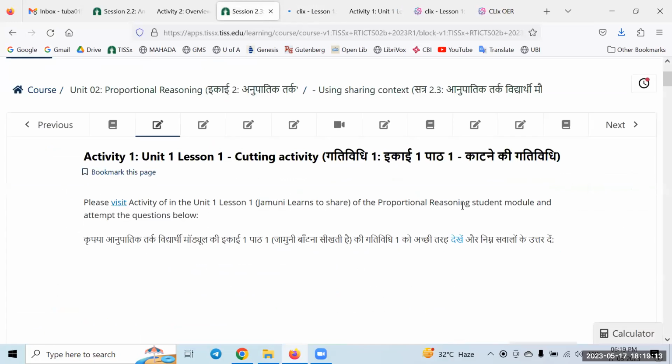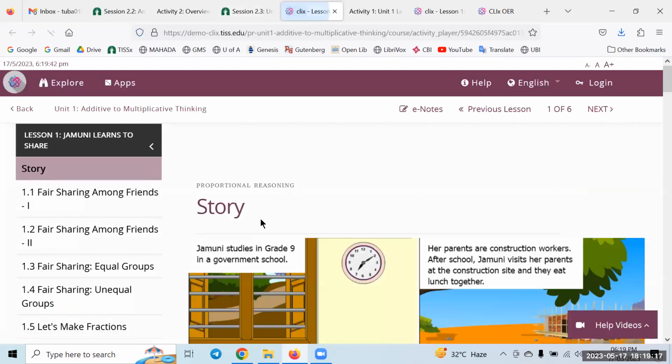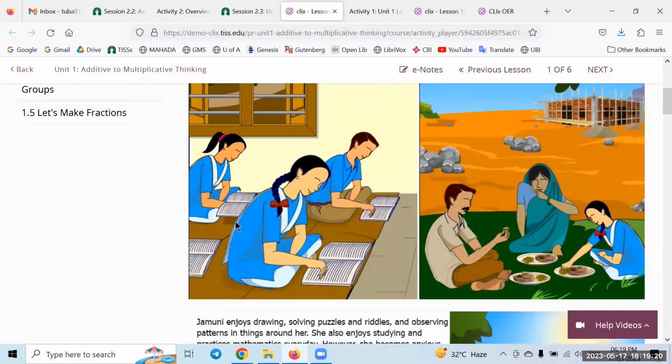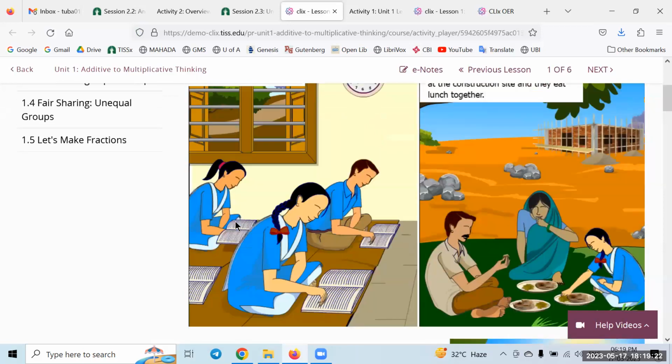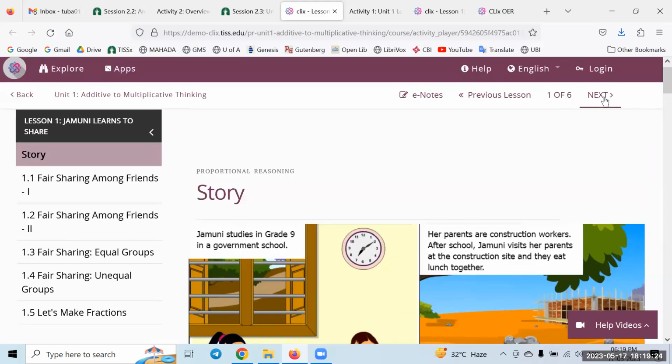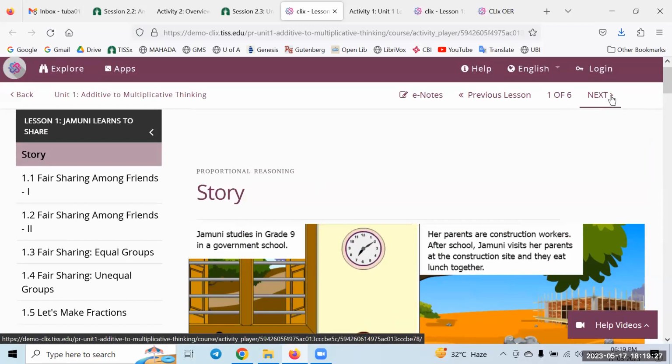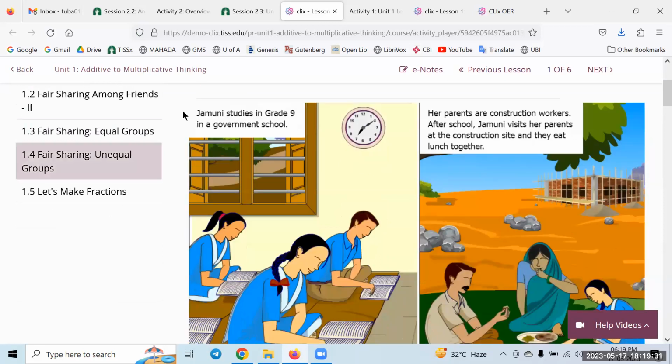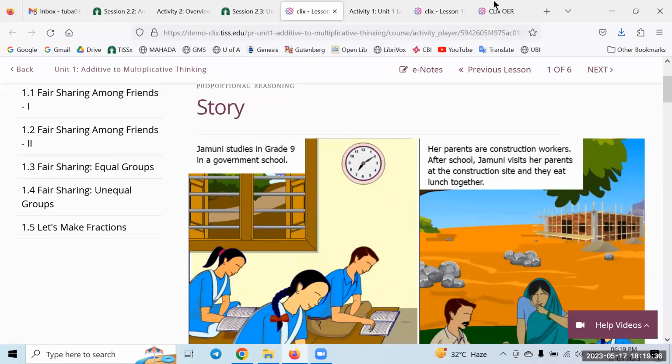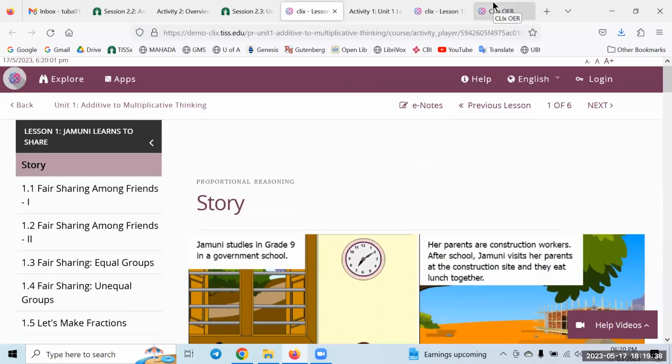You just click on that, and it will show you about the activity you have to do. Here there is an instruction written for what you have to do. Just click on that, and it will show you some narrations, and then what kind of things you have to do. So just follow the path. Click on next, and it will give you the whole thing from 1.1 to 1.5, whatever you have to complete. But Ruchi asked me to show you the OER.